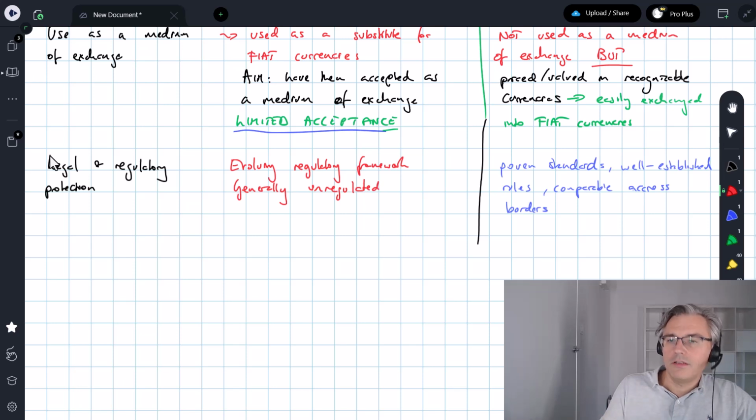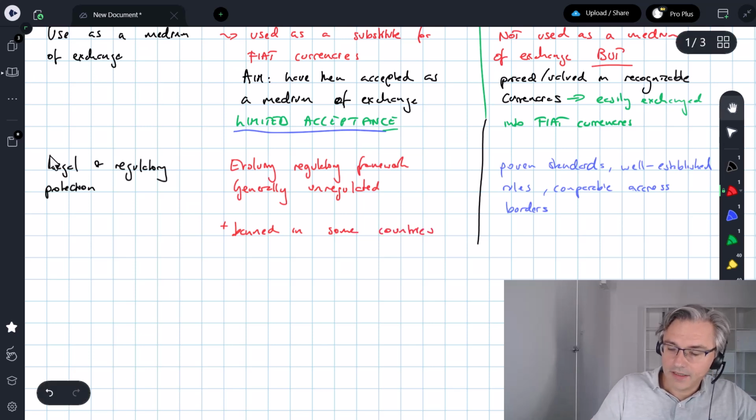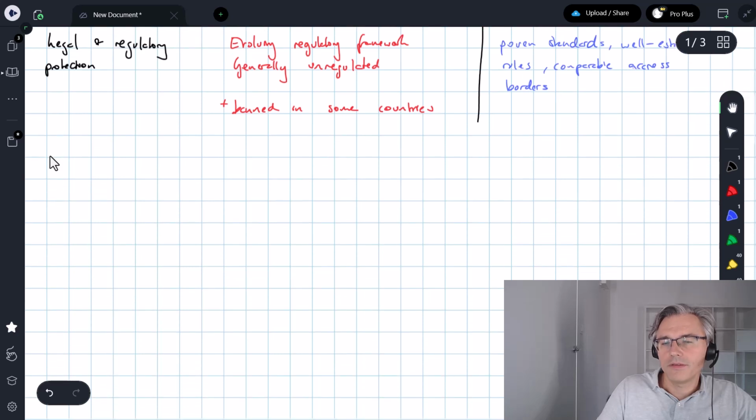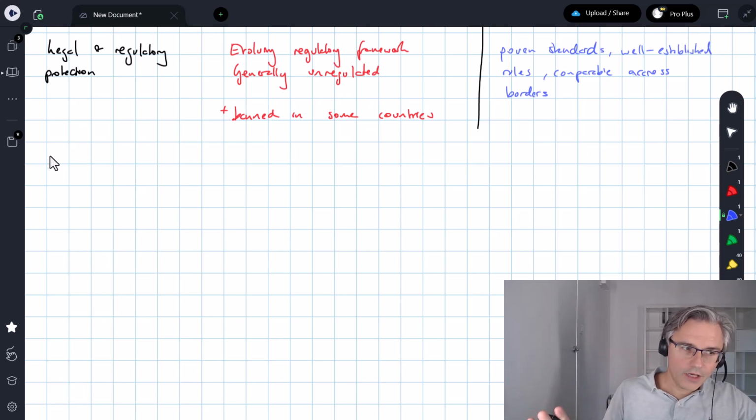There are no comprehensive rules, and as I said, it may even be banned in some countries to hold digital assets, especially digital currencies. Now, those are the features when we compare traditional financial assets versus digital assets.